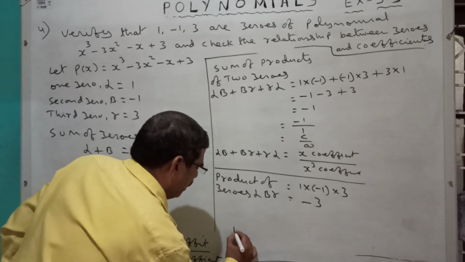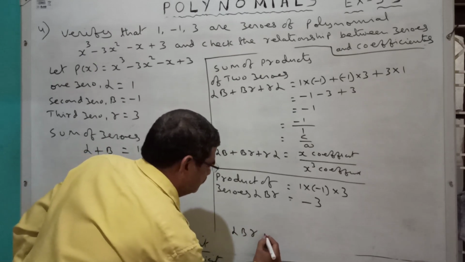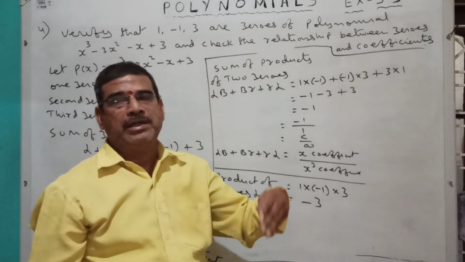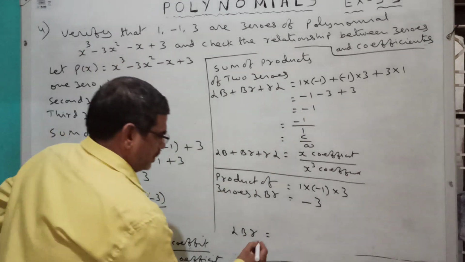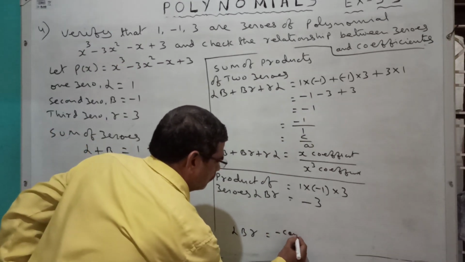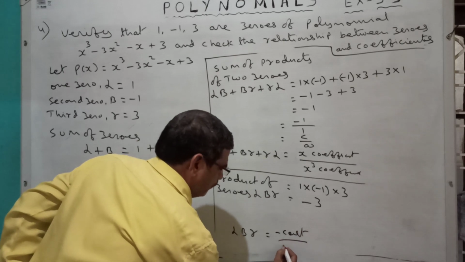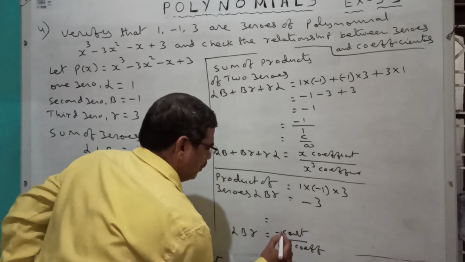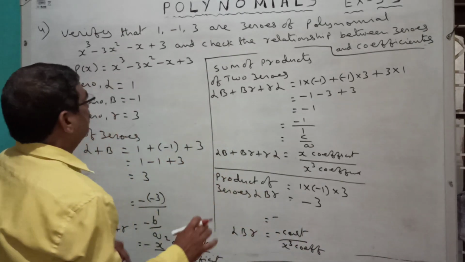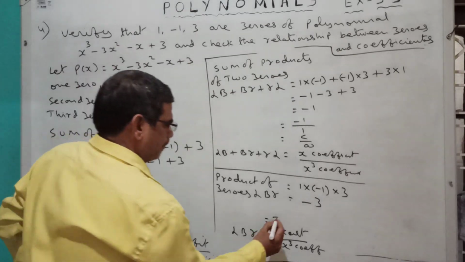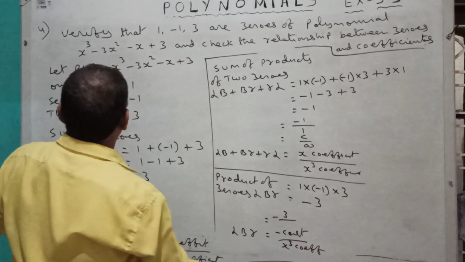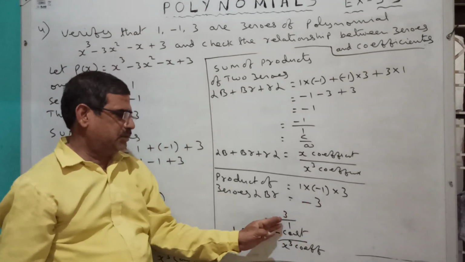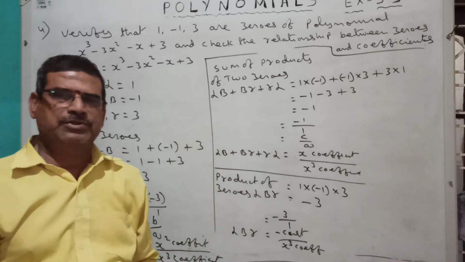Alpha beta gamma is equal to, what is the formula? Minus d by a. Minus d means minus the constant, by the x cube coefficient. What is the constant here? 3, by the x cube coefficient, which is 1. See, minus 3, minus 3. So this is the procedure.